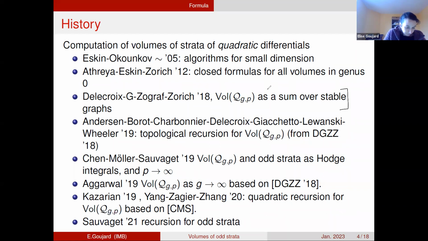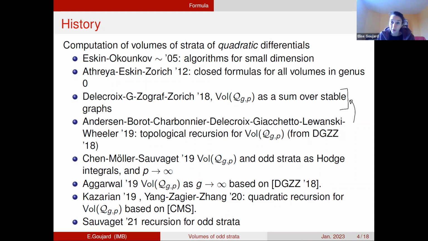Building on that formula, these authors show that the Masur-Veech volume of the principal strata satisfies some topological recursion. They recognized that our formula was induced by some topological recursion in some sense.